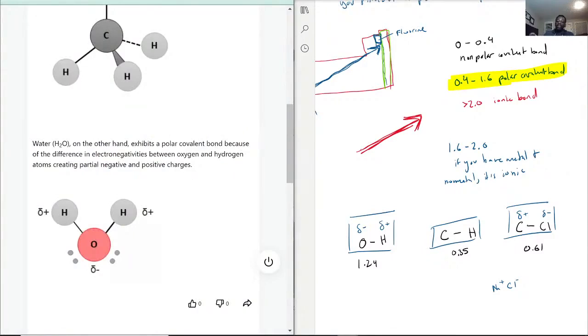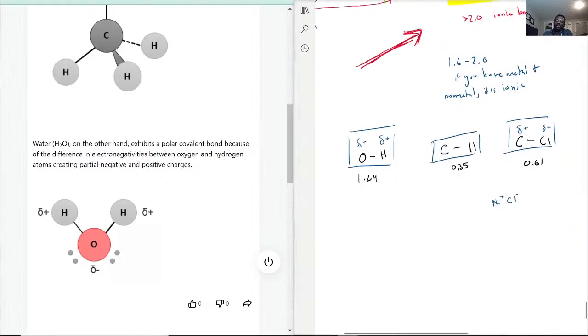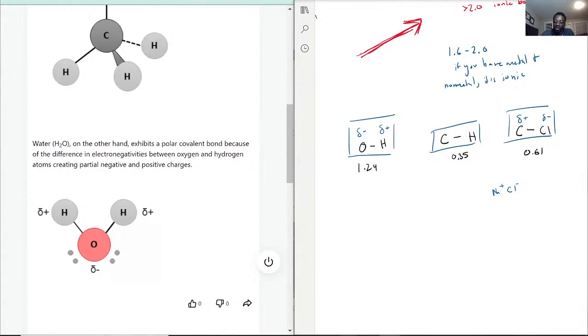Now if you want to discuss whether whole molecules are polar or non-polar, as I mentioned earlier, it just depends on how it's all balanced out. For example, and I'll say this example again, carbon tetrafluoride is a non-polar molecule with polar bonds. They're all polar bonds, they have that difference.